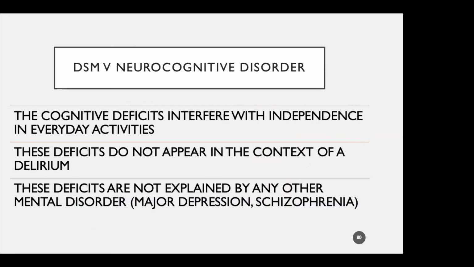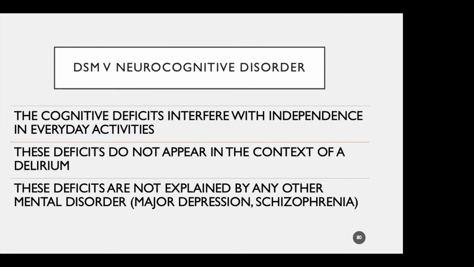Next slide. So this diagnosis really interferes with your independence in everyday activities. Okay, it's not just a diagnosis on a paper, but it actually interferes with your ability to live independently, to drive a car, to take your medications on a regular basis, to know whom to call in an emergency.